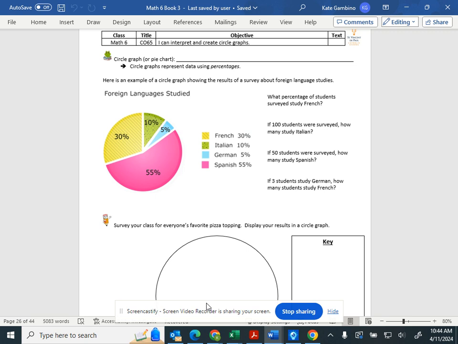It is a graph that displays data as sections of a circle. So a circle graph, surprise, surprise, looks like a circle.